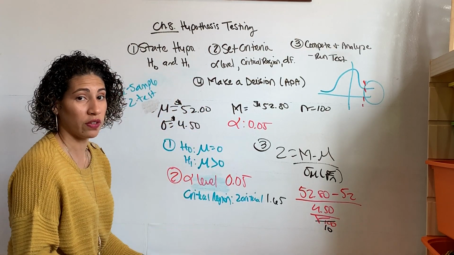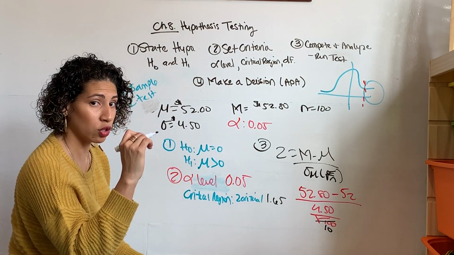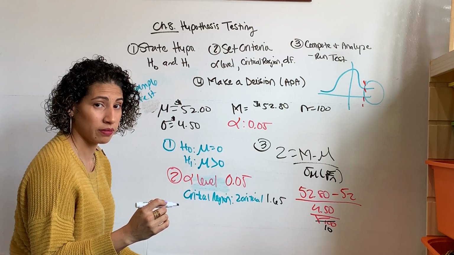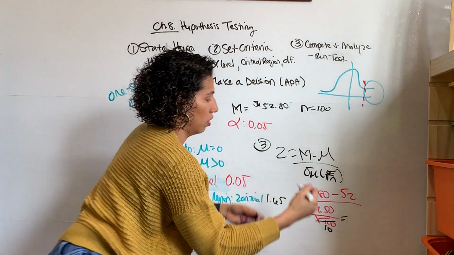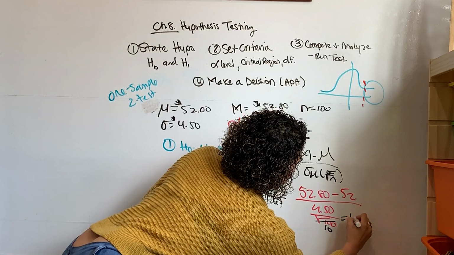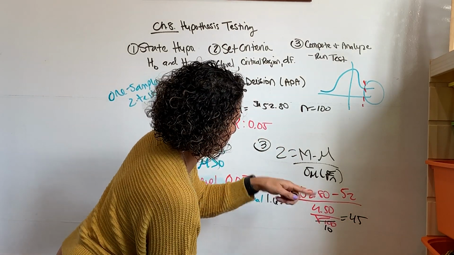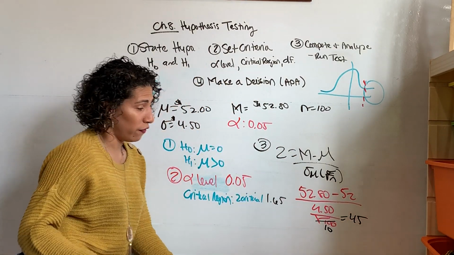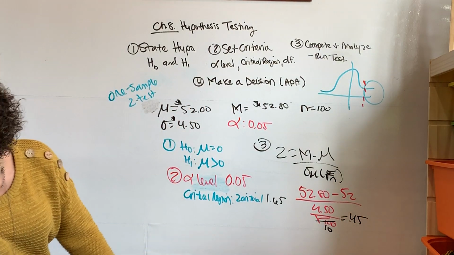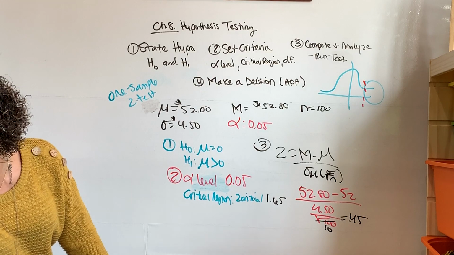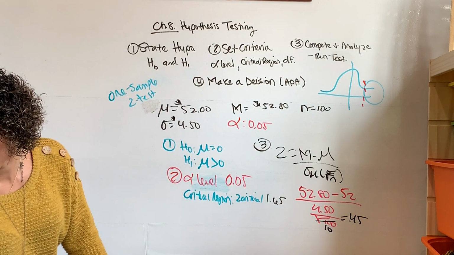And what is 450 divided by 10? Let's move the decimal point over. So in other words, 45? Yeah. Then 52.80, oh, it's not 45, 0.45. One second. Let me pull up the answer key just to double check that we are doing this correctly.